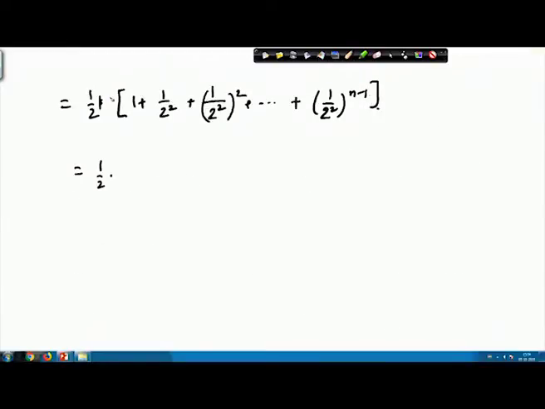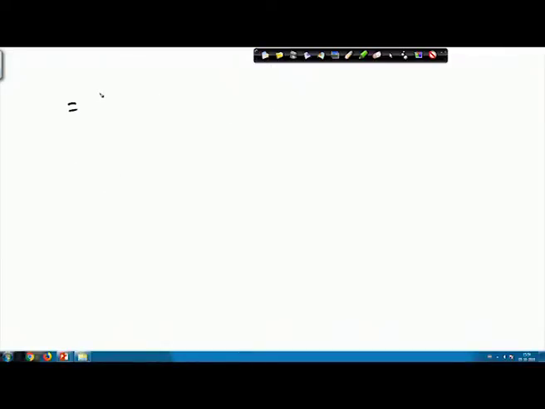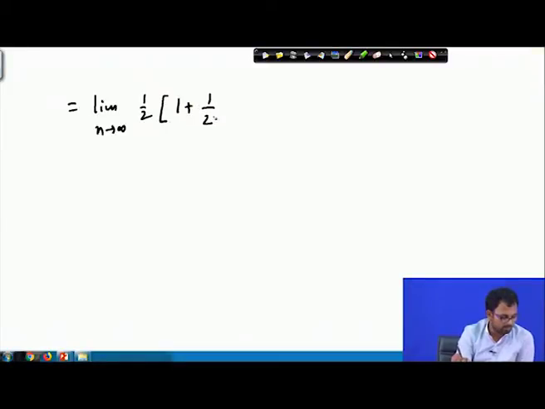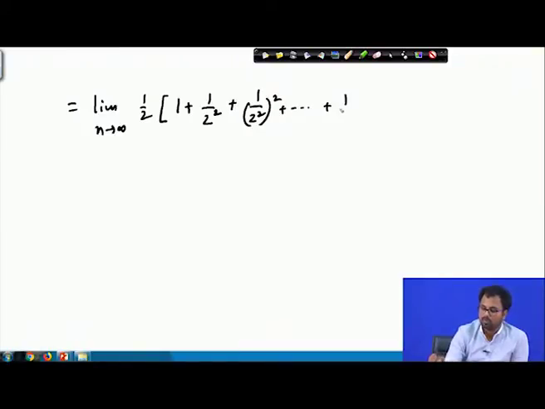Next we can write half plus, if I take half common, the limit as n goes to infinity of 1 by 2 times 1 plus 1 by 2 square plus 1 by 2 square whole to the power 2 plus and so on, 1 by 2 square whole to the power n minus 1.